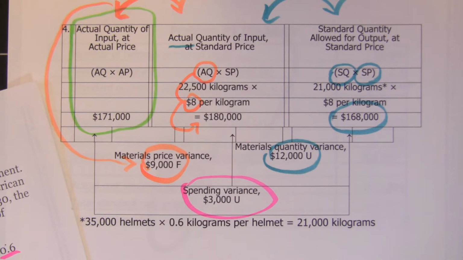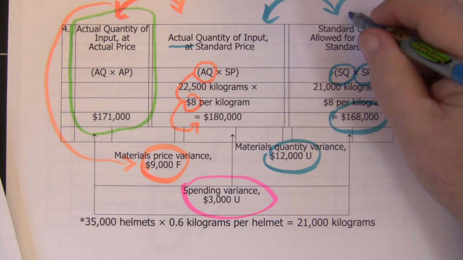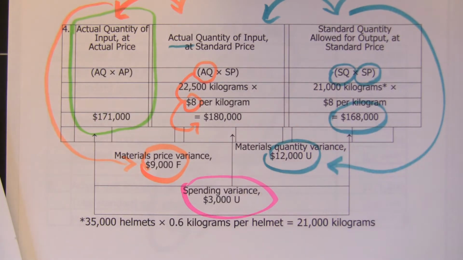When you're combining the variances, if they're both U's or both F's, you simply add them and take whichever letter it is. If one is a U and one is an F, as we have here, subtract the small one from the large one and take the letter of the large one. 9 from 12 is 3, and the large number is unfavorable.